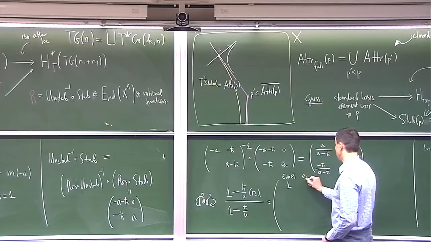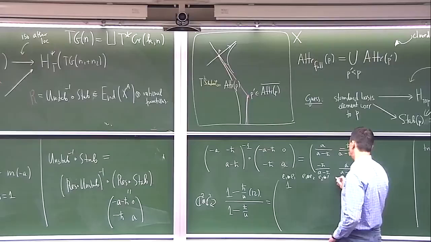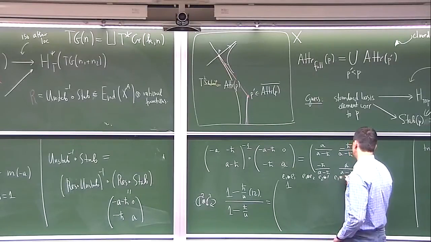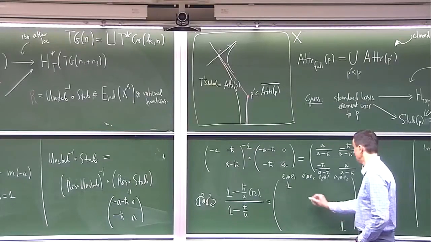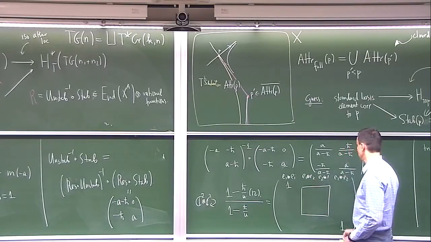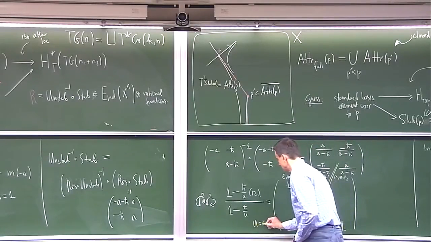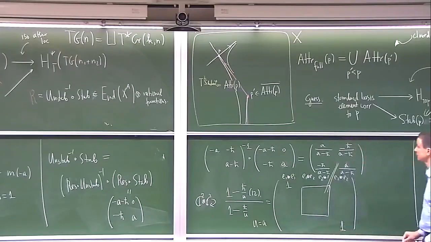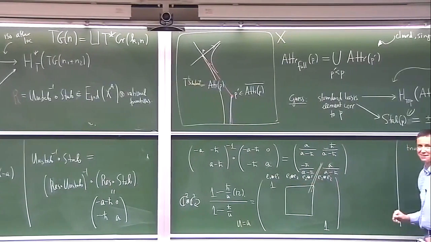Then there will be E1, E2, E2, E1, and then E2, E2. E2, E2 is also invariant, so this is 1. And on the middle thing, the 2x2 block is this block, right? With the identification where u is a. Is that clear?